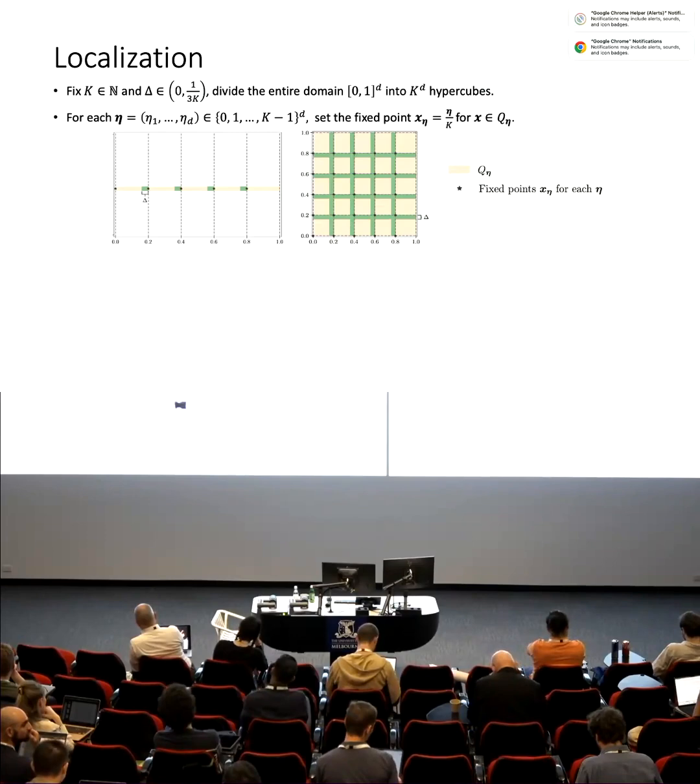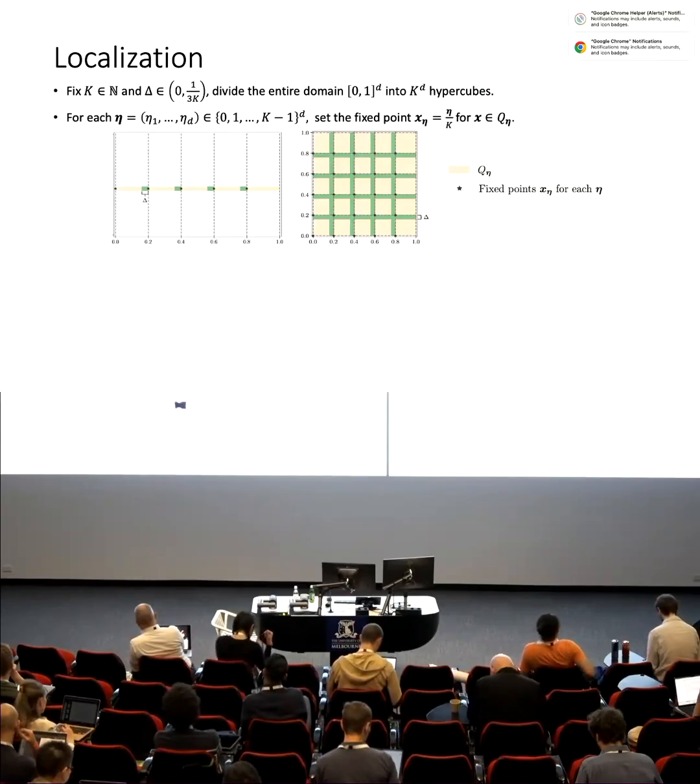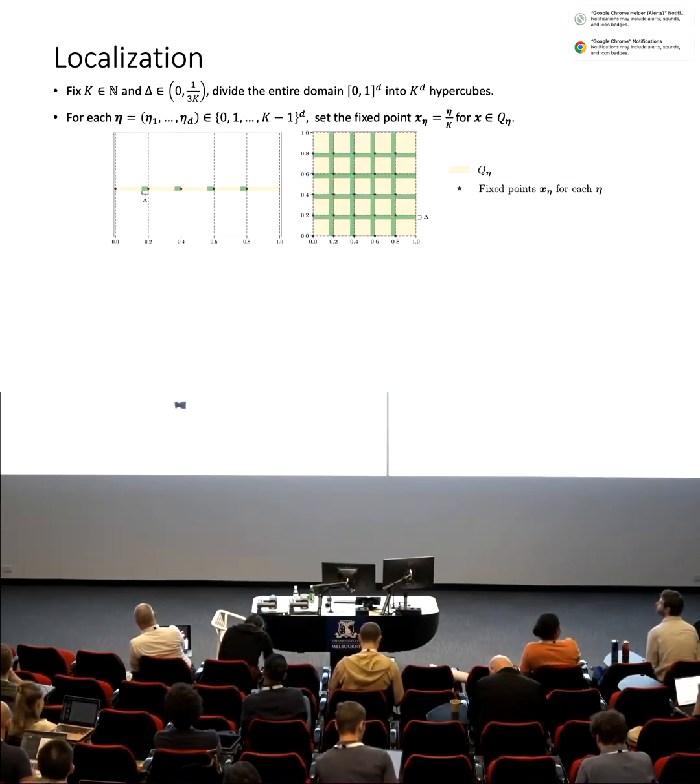So in each of these K to the D hypercubes, we can always find a fixed point in that hypercube, so that the distance between the fixed point and any point in that hypercube is bounded by 1 over K. Here are 2 examples. The first one, the one-dimensional example, is the simplest one.